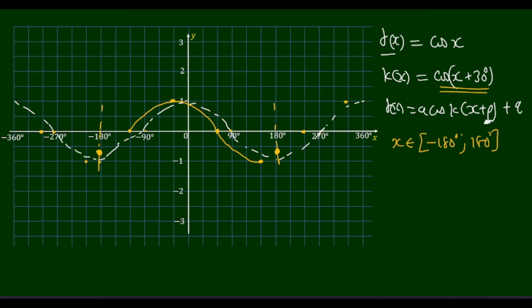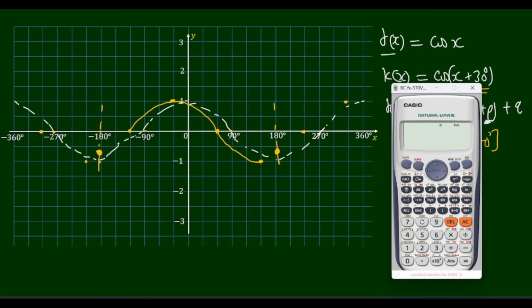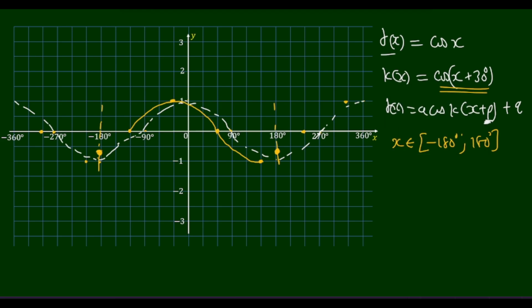Say our function is cos x, and x is -180, so it's going to be cos(-180 + 30). Close bracket, and then equals. See that you're getting negative root 3 over 2, which is like negative 0.86. Means this point here will be negative 180 degrees and then negative 0.86, like that.